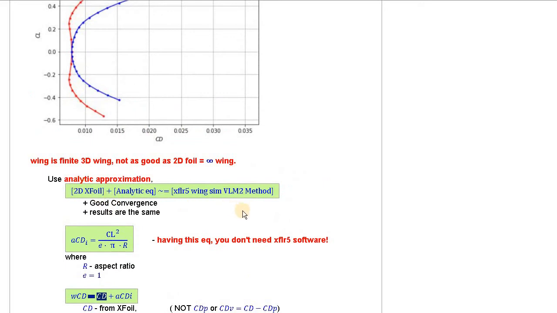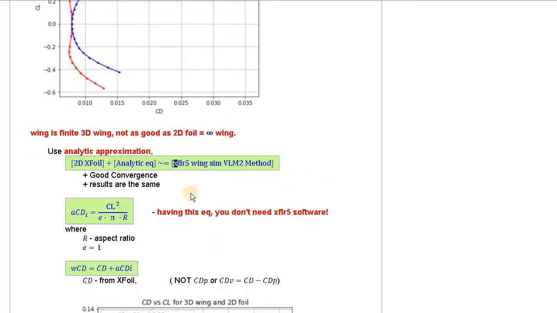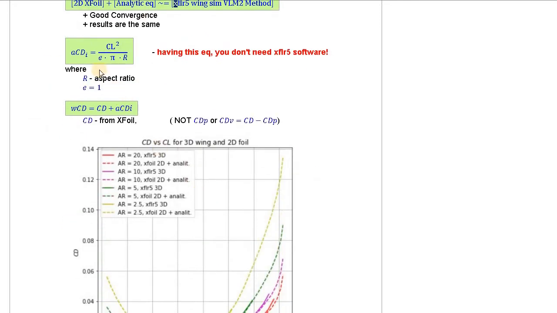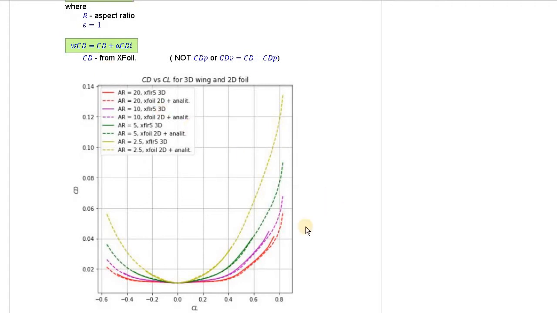So the XFLR5 software gives us the same result as this simple equation plus the XFoil simulation. The dashed line is the analytical result, and the solid line is the result from the software.